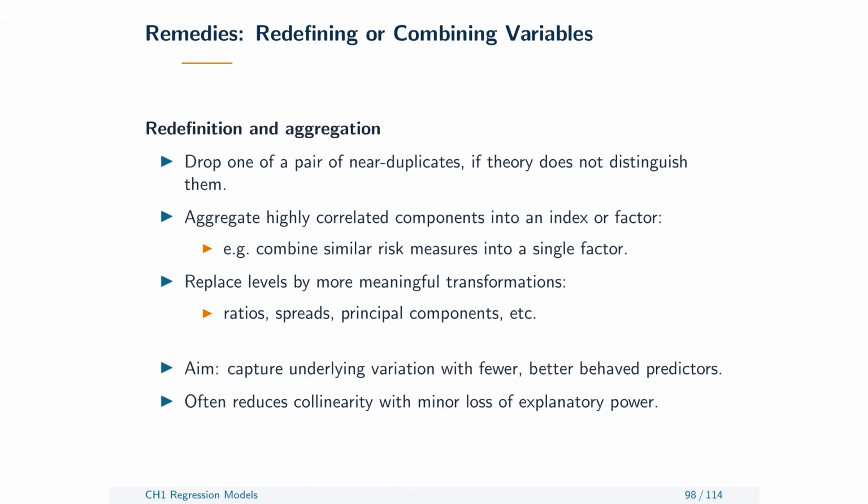We can sometimes redefine or combine variables. Near duplicate measures may be replaced by one well-motivated index, a spread, a ratio, or a factor. This trades a set of fragile individual effects for a smaller number of more stable combinations. The choice must follow the research question rather than an automatic diagnostic threshold.